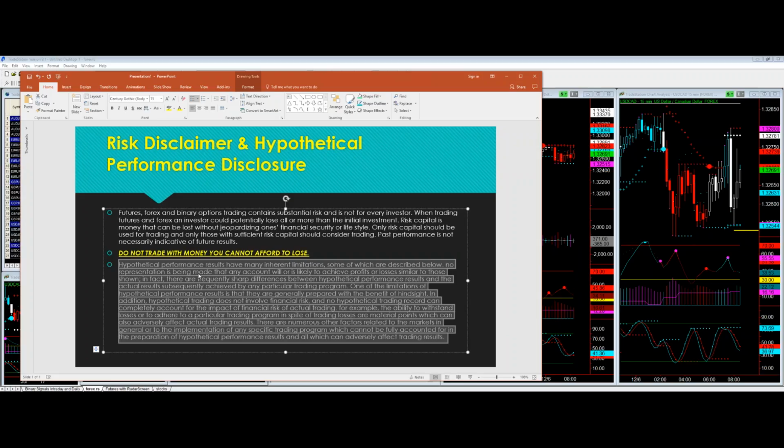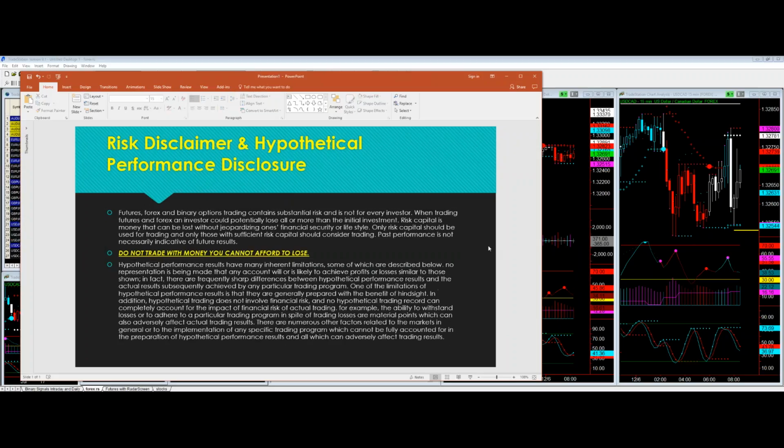No representation is being made that any account will or is likely to achieve profits or losses similar to those shown, okay? And I'm going to let you read the rest of it on your own while I'm talking. Now, this strategy, what is my entry point? My entry point is the ATR, okay? So these are just some stocks, and all the entries are at an ATR, okay?